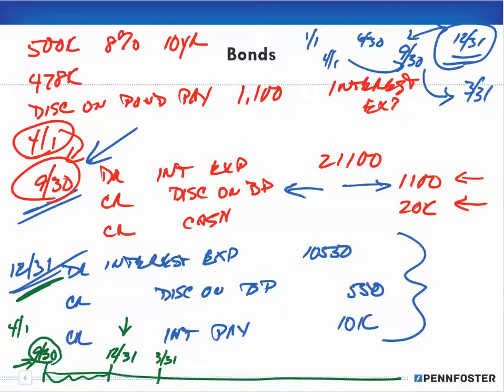The next entry I'm going to show is going to be for this period of time, between the year end and when our next interest payment is going to occur. But I want you to realize that 6 months later, which would be 9/30 when our next interest payment is going to be, that would be the same exact journal entry that you had here.